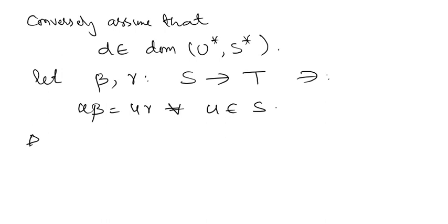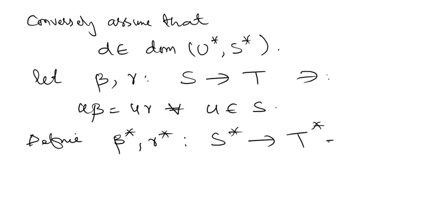Okay, so define beta star, gamma star from S star to T star. What is this T star? T star is T union 1.